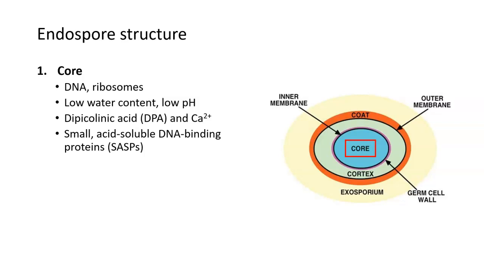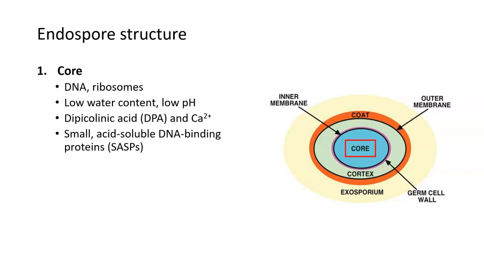So what is an endospore made of? We're going to start at the very deep inside of an endospore and work our way outward. At the very center is an area called the core. The core is where the DNA and the ribosomes of the bacterial cell are located.